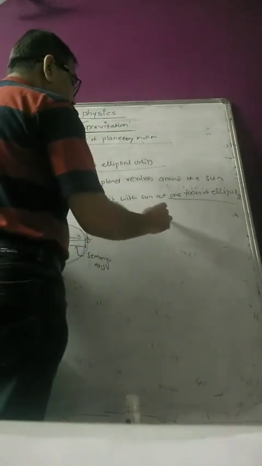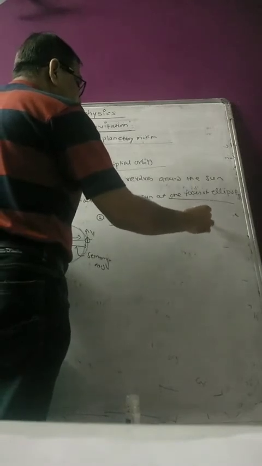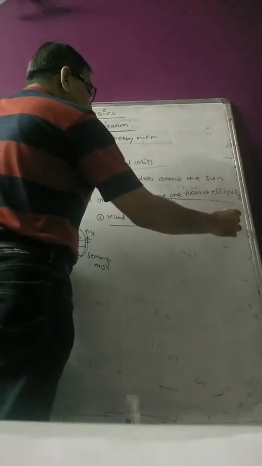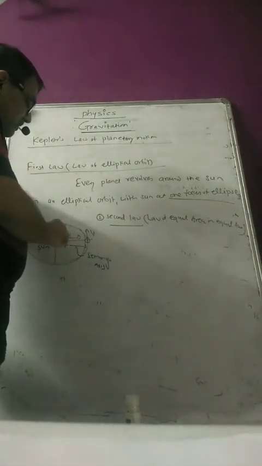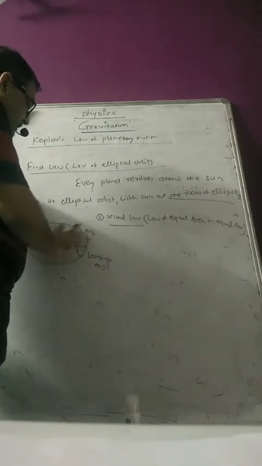Law of equal area in equal time. ओके मग सर हा सेकंड लॉ काय सांगतो बघा मुलांनो. तर तो म्हणतो लाईन जॉइनिंग, कोणाची लाईन, जॉइनिंग the radius vector of sun to planet sweeps out equal area in equal intervals of time.